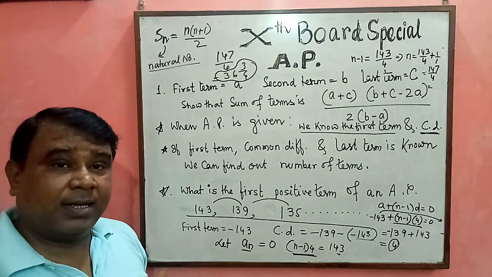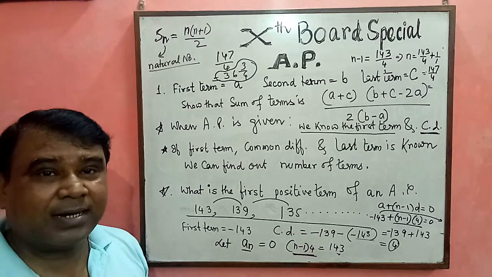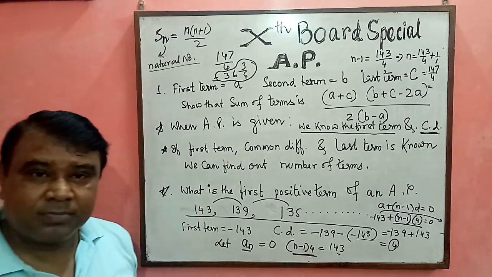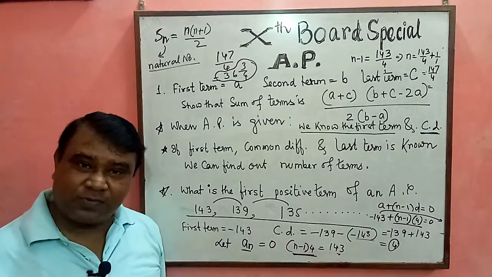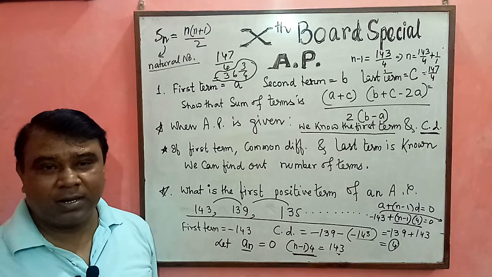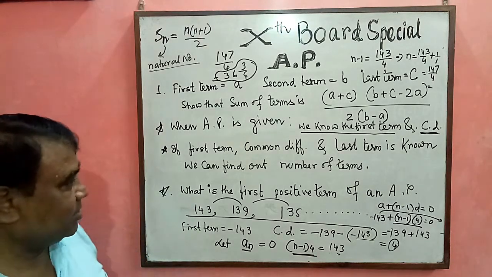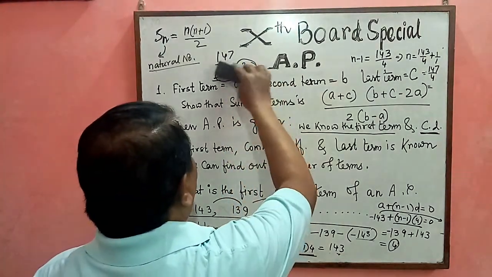And if you are asked to find out positive or negative terms, then you let the nth term be 0. If you get the whole number, then the next one will be the answer. If you get the mixed fraction, then you make it a whole number. That will be the first positive or negative term. That's what it is. Okay, now you see, here we have another problem.